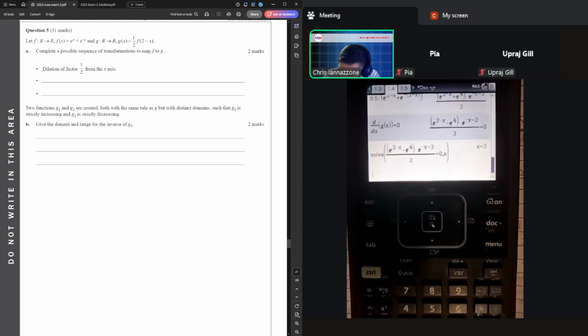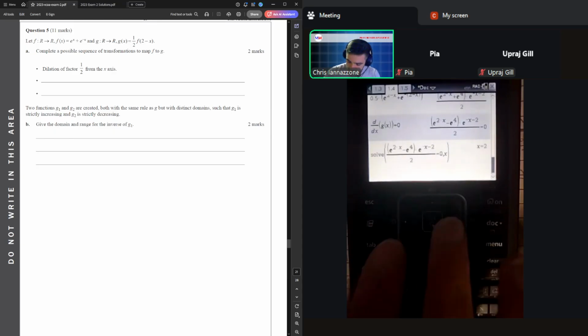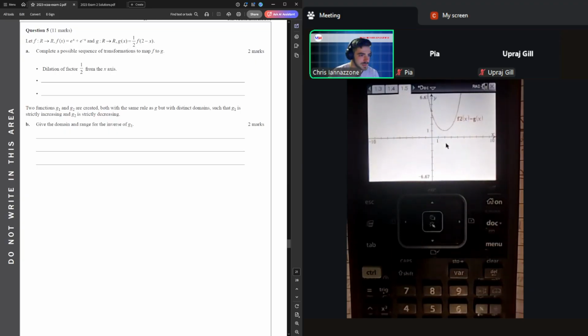And that one ends up being a nice number anyway. So even if you did use the graphing tool to find it, you would still get x equals 2. That gets you x equals 2 for the turning point, and then strictly increasing is going to be everything right of that, and strictly decreasing is everything left of that.